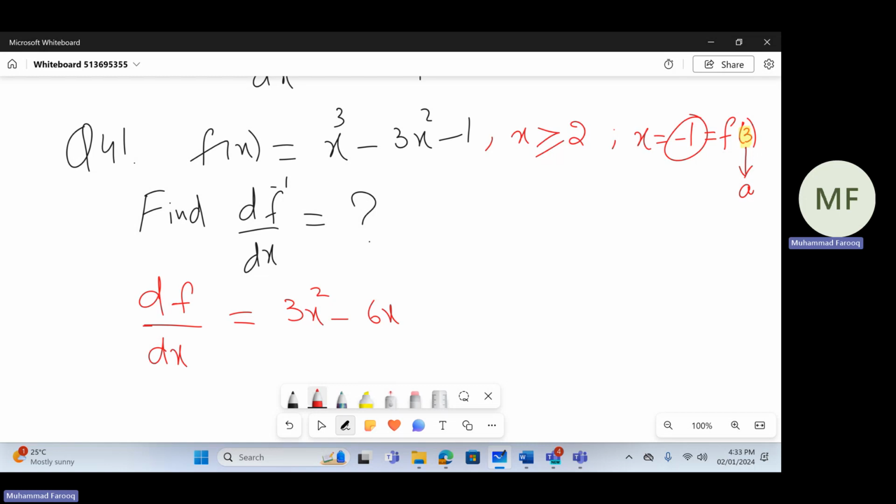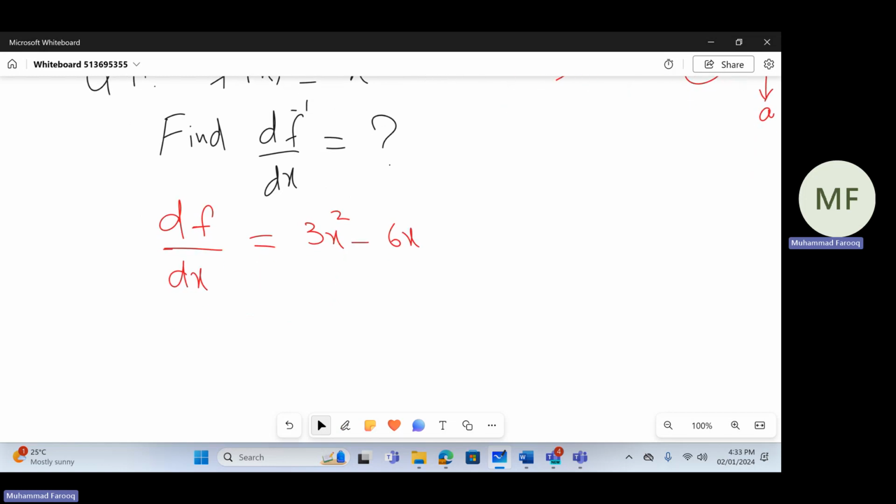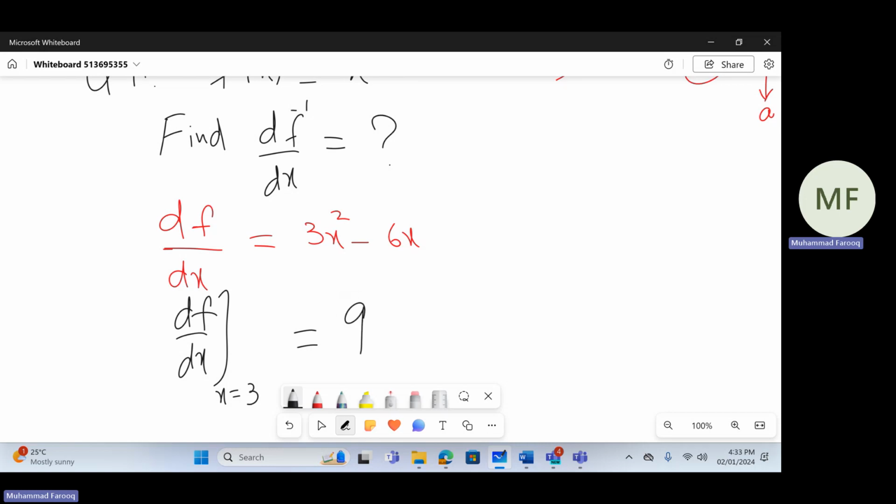So calculate the function derivative at A, and A is 3. Please substitute 3 now. So the derivative of the function at 3 is equal to, tell me the answer. 9. Okay. Now the property says the inverse function derivative is basically the reciprocal.